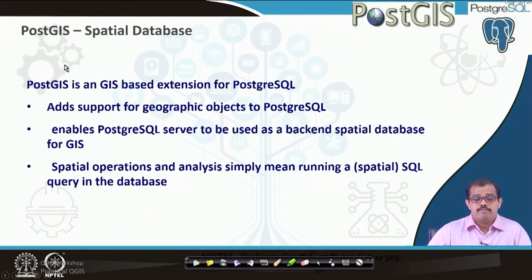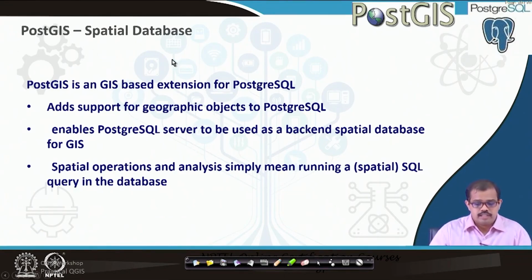queries in an extremely efficient way. Then you have PostGIS, which is the norm of the day. Most of the spatial databases run on PostGIS today, and QGIS is very efficient in handling PostGIS as a spatial database, and PostGIS can handle the entire database management of the QGIS. PostGIS is a GIS-based extension for PostgreSQL.